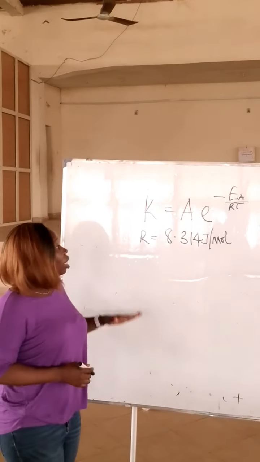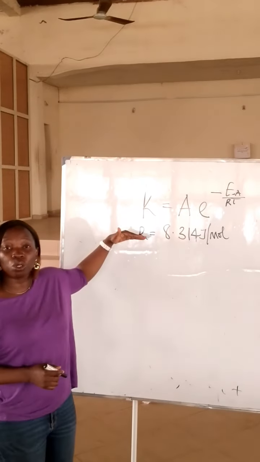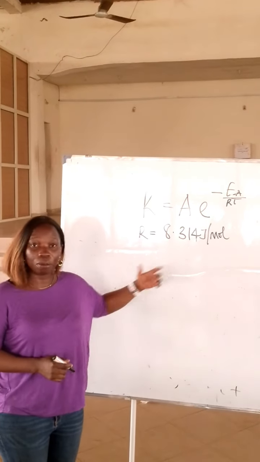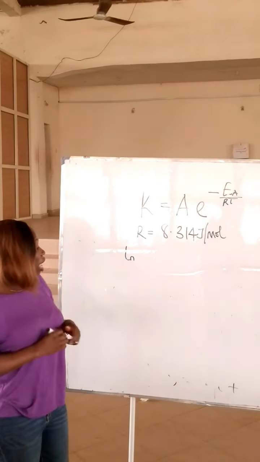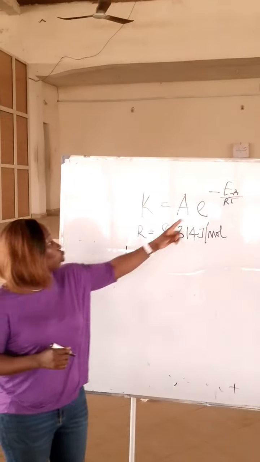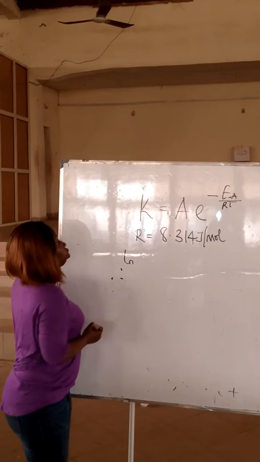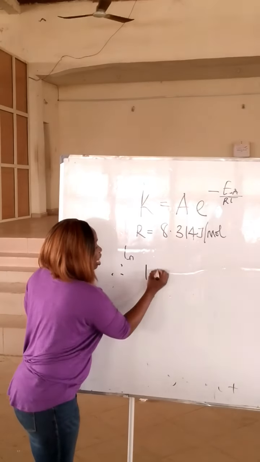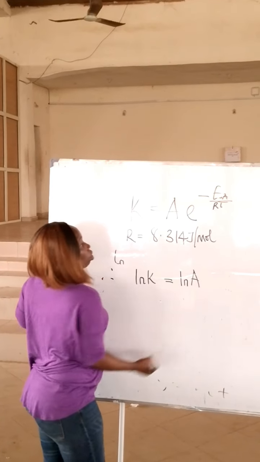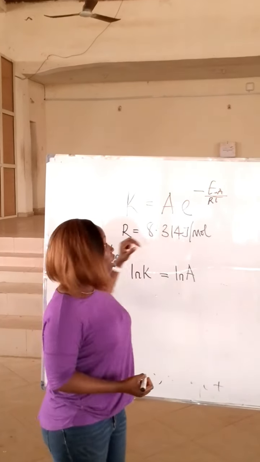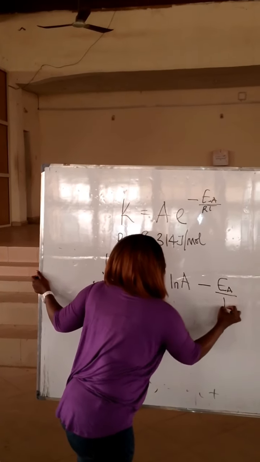Arrhenius is telling us that for it to be a straight line graph, we have to introduce a natural logarithm, which is normally called ln. The whole essence of introducing ln is to remove the exponential. Therefore, we will have ln k equals ln A, and when ln meets the exponential, it cancels out and becomes Ea over RT.